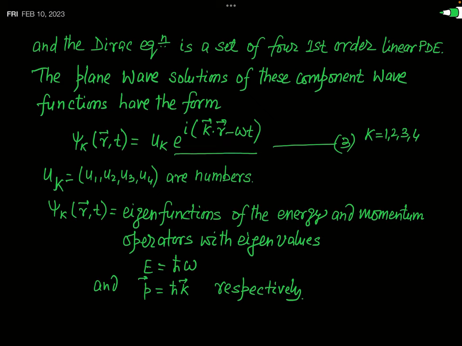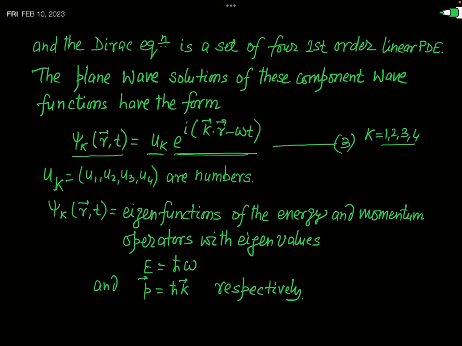And so the 4 components of the wave function psi can be written as psi k of r t equal to u k e to the power I k dot r minus omega t. Actually, this exponential factor represents the plane wave, and these u k are actually 4 numbers, okay. In fact, this subscript k means 1, 2, 3, 4.